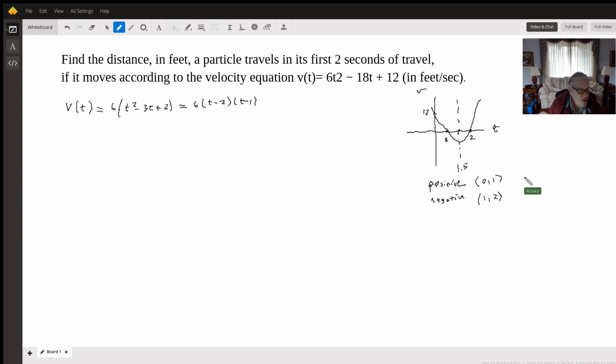So this means that we're moving right. You think of the particle going along a line, for example. It's moving in the positive direction, and here it's moving in the negative direction.